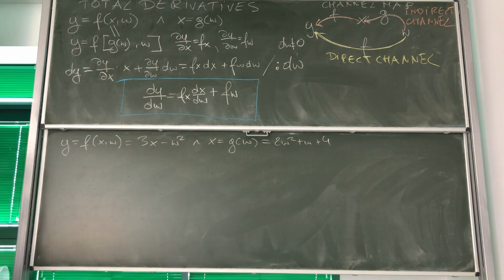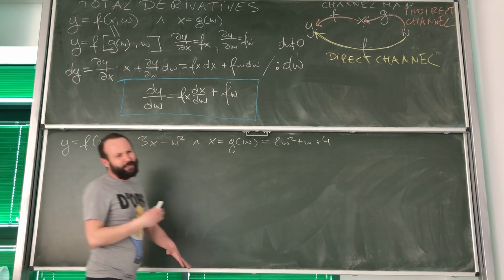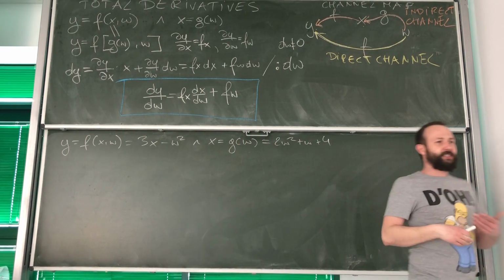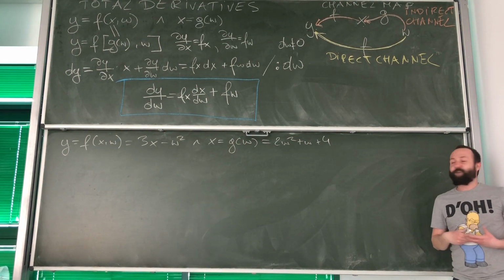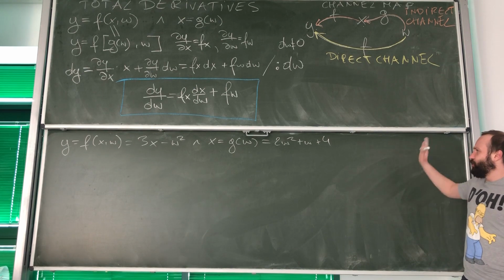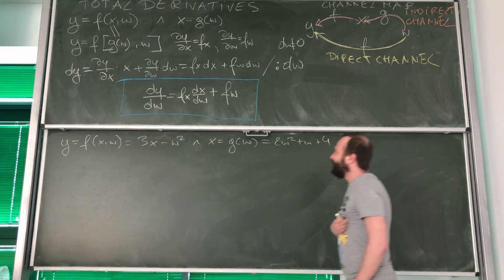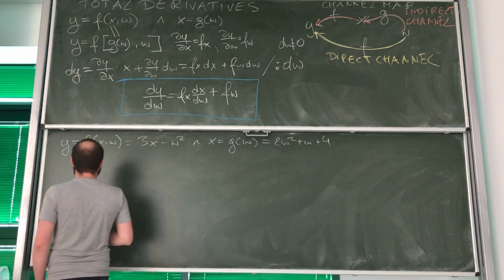Okay, so look, of course we could do it right away, and once you get more familiar with the procedure, you will be able to do it right away. But first, let's calculate all the partial derivatives.